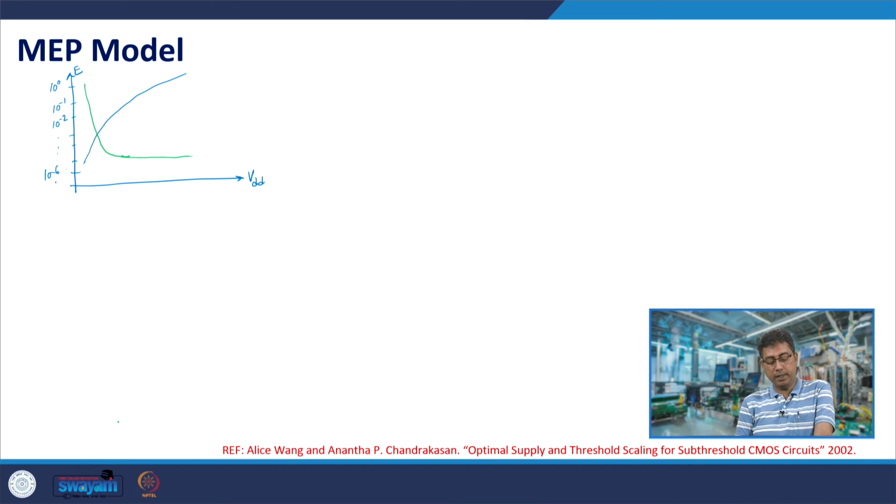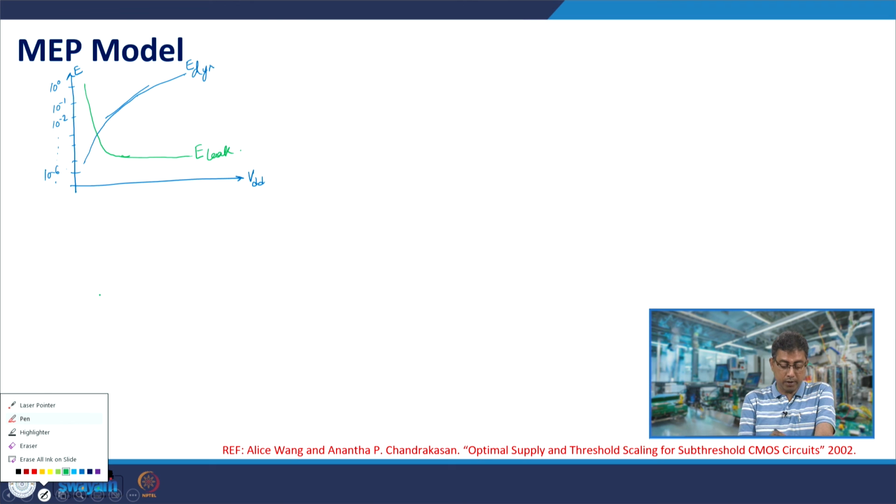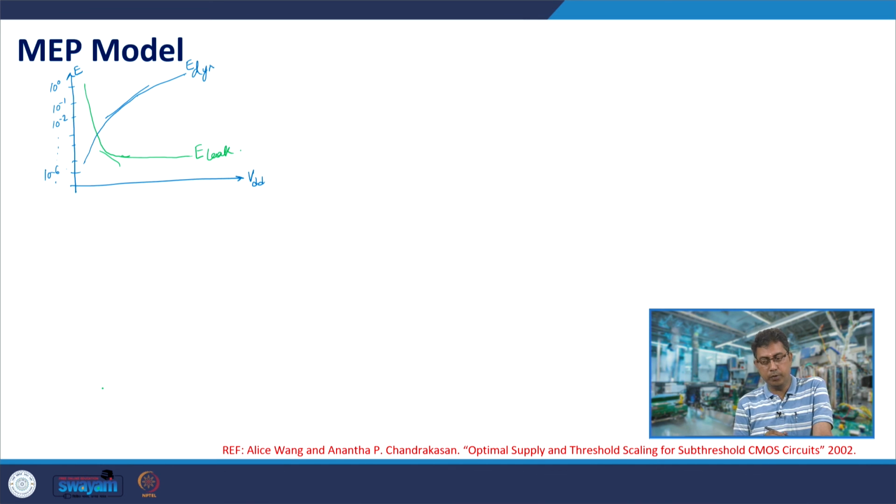So, what are we essentially doing to find out VDD optimum? We are looking at the tangent of the dynamic energy and the tangent of the leakage energy. The tangents have opposite signs. So, tangents of E dynamic and E leak have opposite signs.